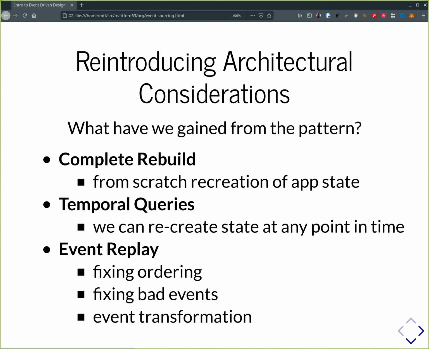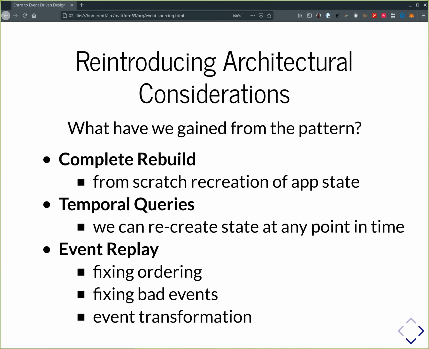We'll know the port each was last in. It also allows us to do temporal queries. So if we wanted to find out where a ship was last week, we could replay the events up until a certain date, and the state of that object will be restored to that point in time. That's quite cool too.